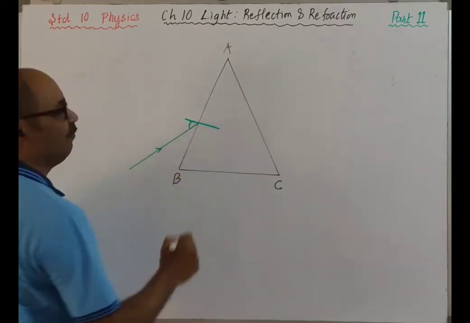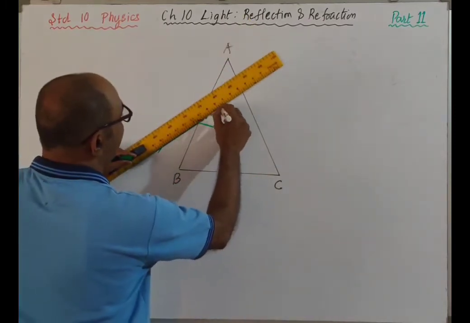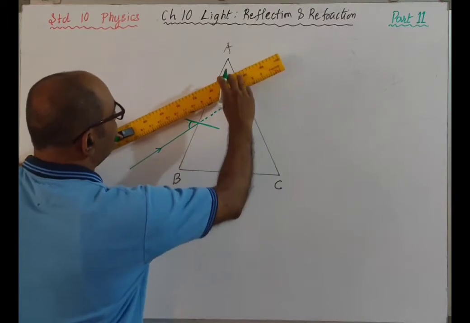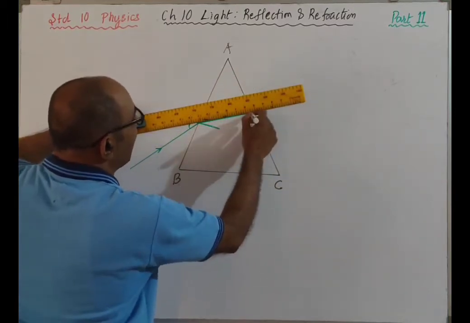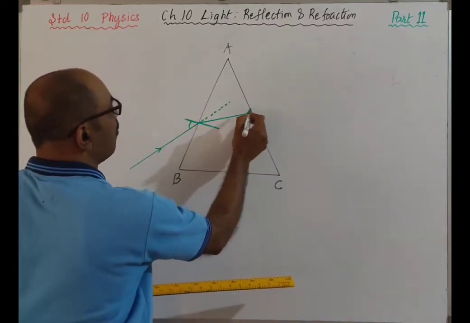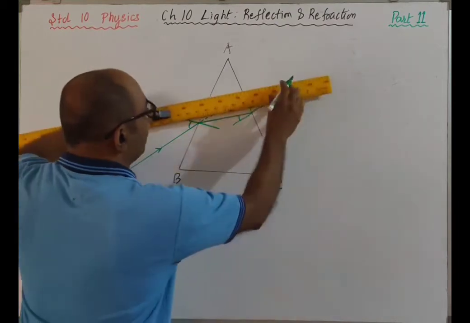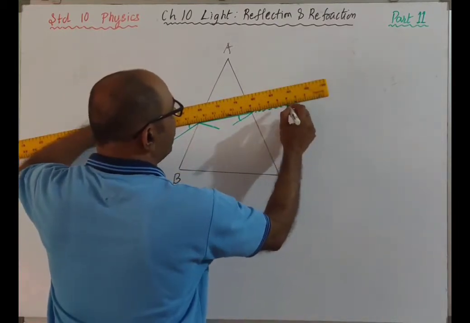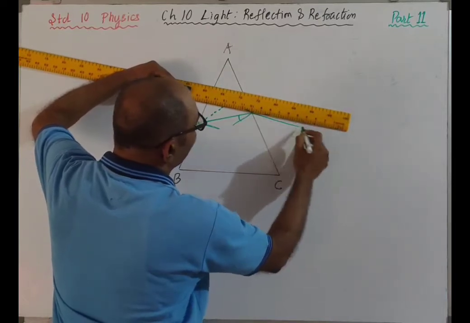So this was the angle of incidence. Now instead of traveling straight along the dotted line, it bends towards the normal. Matlab downward, a little lower. Now this is the point of incidence, this is the normal, this is the angle of incidence. Now instead of traveling straight, it's going to bend downward. Correct? Are you getting me, children?